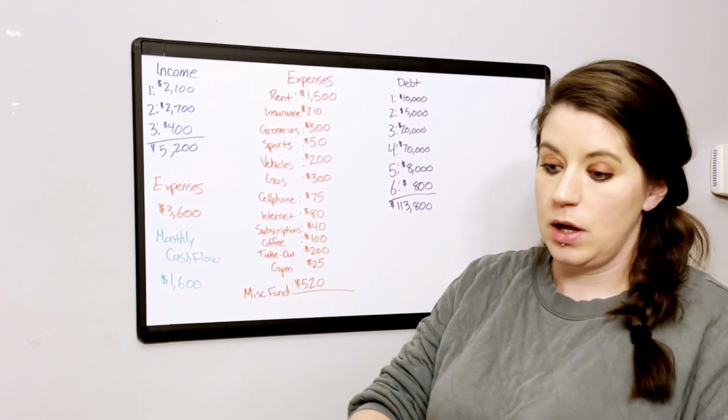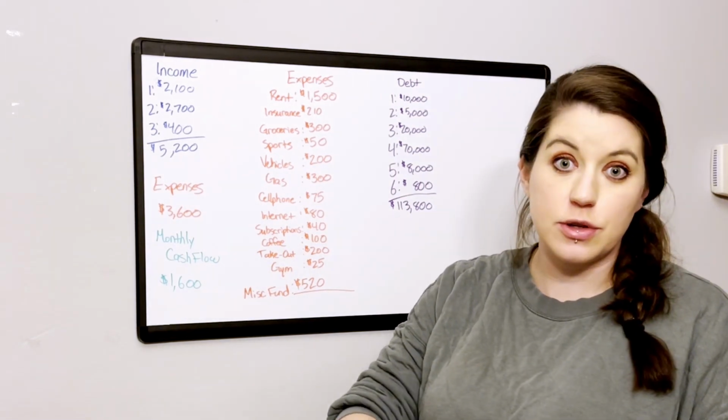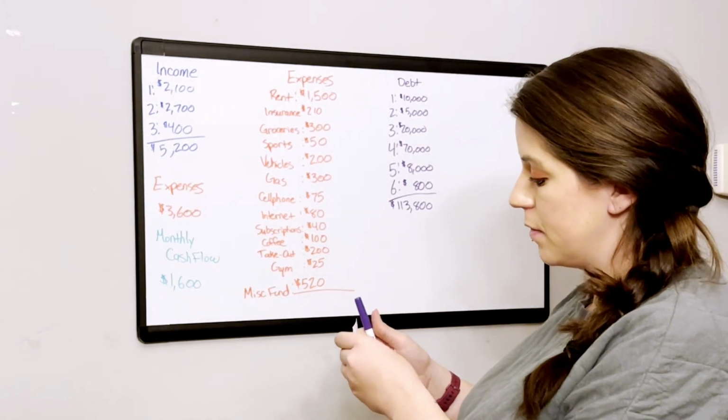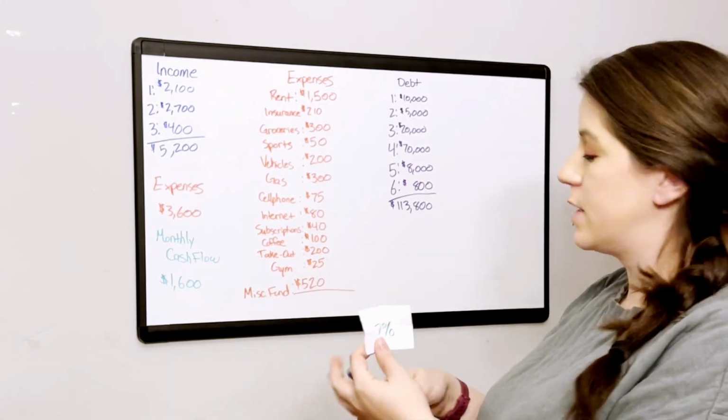So we now have to pick interest rates. So the first interest rate is 7%.